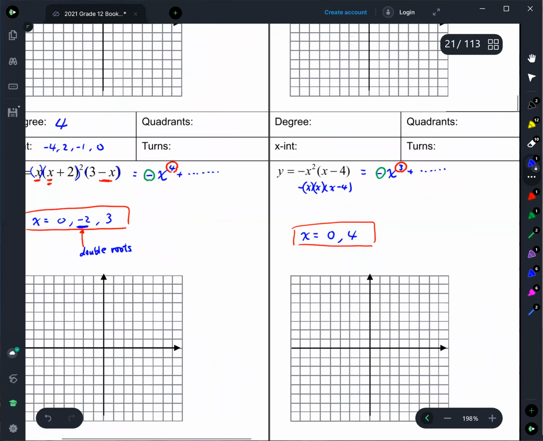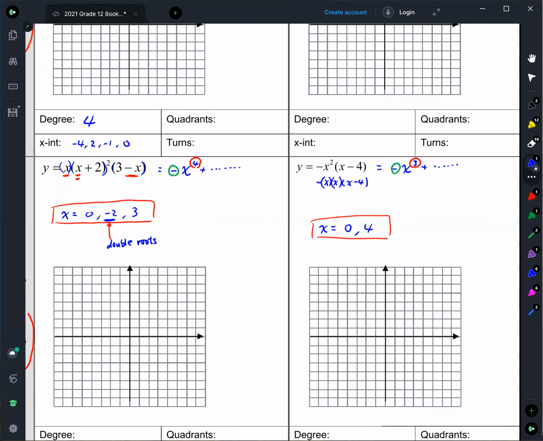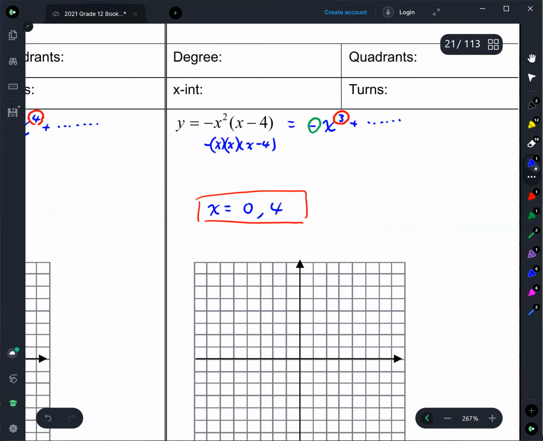For the one on the right hand side, which one is the double root here? Jenny? For this question, which one is the double root? Which one appeared twice? Is it the 0 or the 4? 0? Yeah, okay. We have x here that gives you the 0. You have another x that gives you the 0, right?